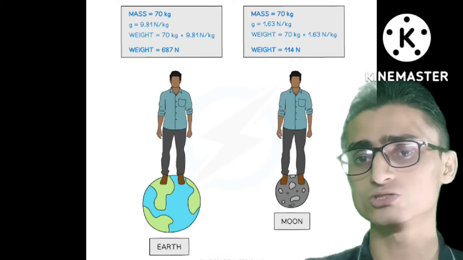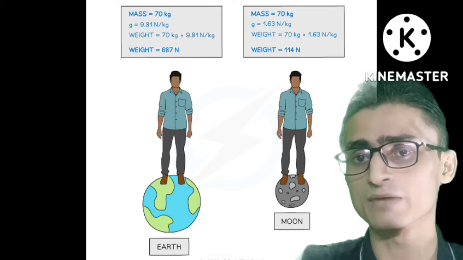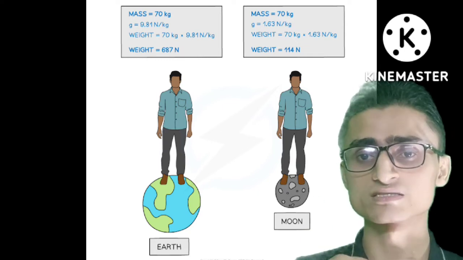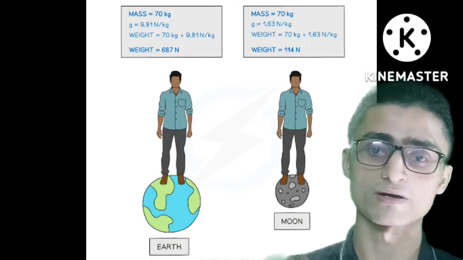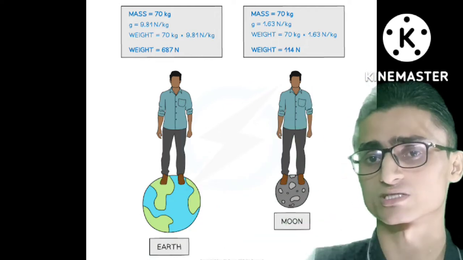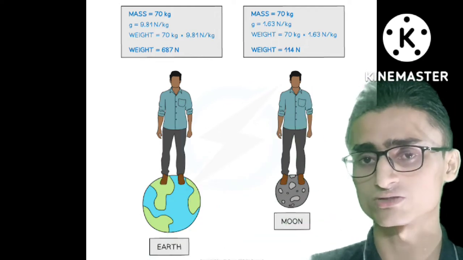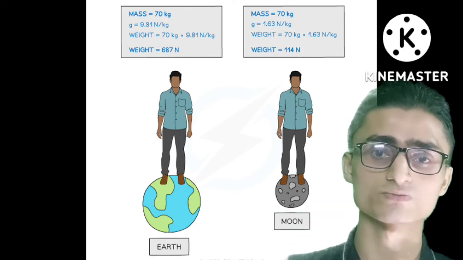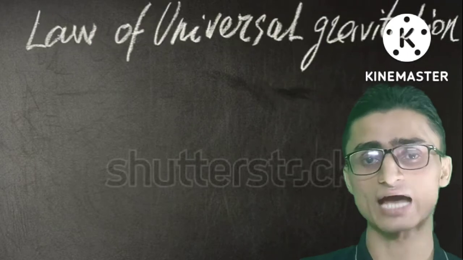If I am asking what your mass is, it means how much material you consist of. So mass is just a measure of the material in a particular object.